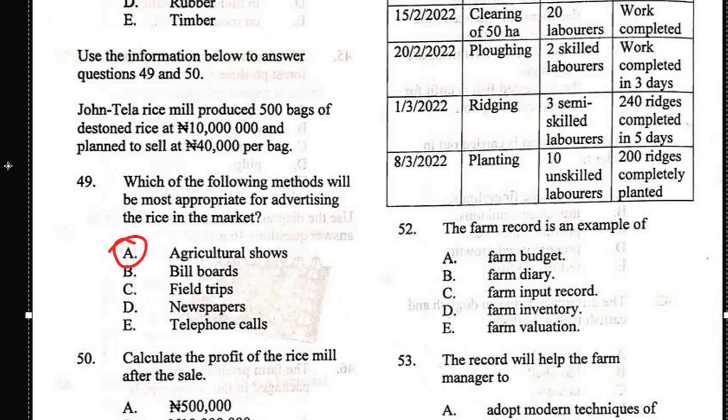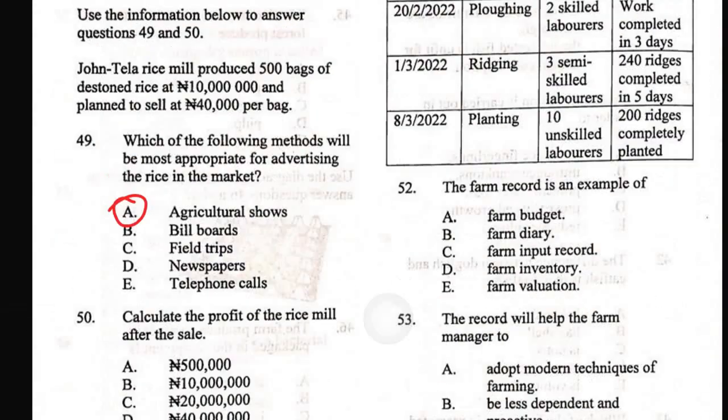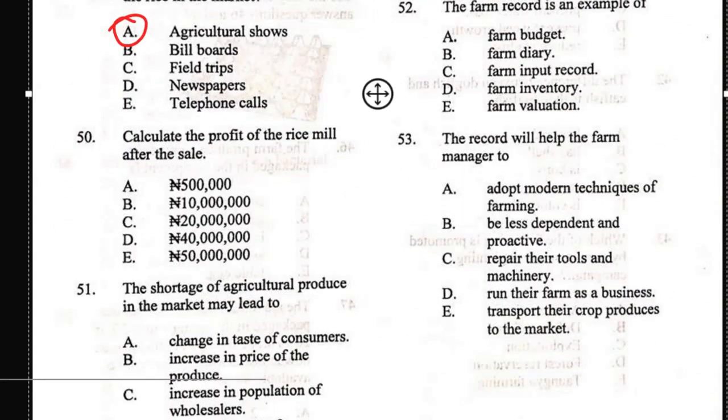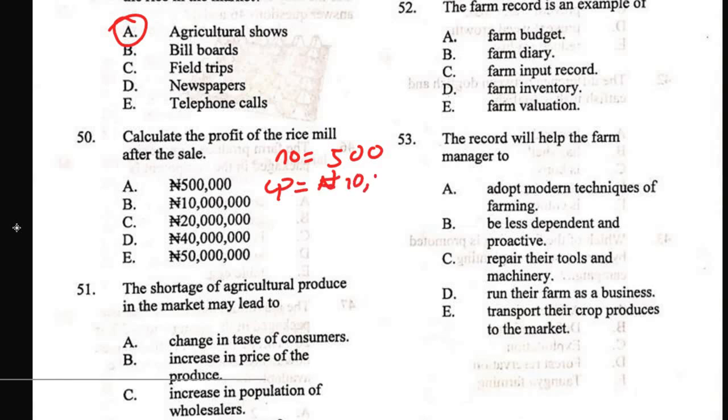We are going to do a little calculation in question 50. The question says, calculate the profit of the rice mill after the sale. John Teller Rice Mill produced 500 bags, and the cost price of producing 500 bags is 10 million naira.